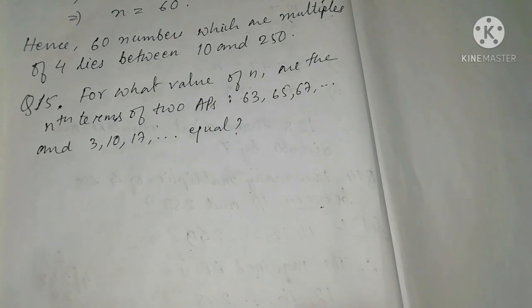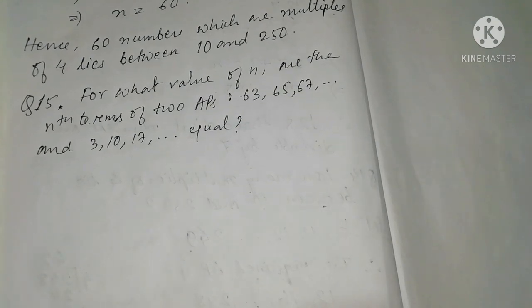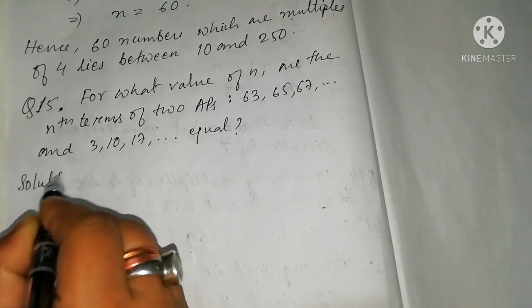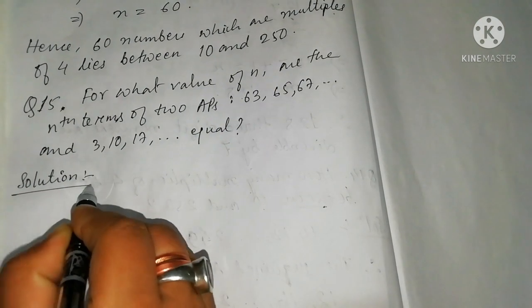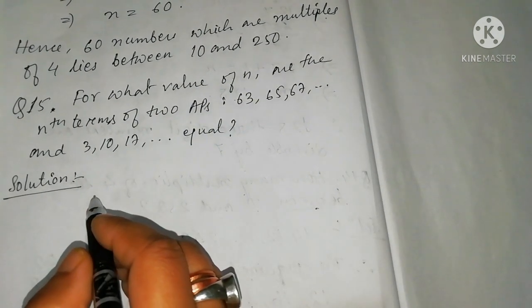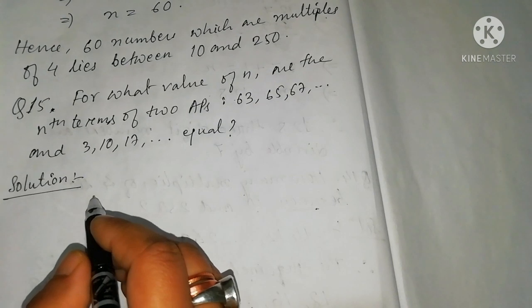Next question, question number 15. For what value of n are the nth terms of the two APs equal? So for what value of n would the nth terms of the two APs be equal?